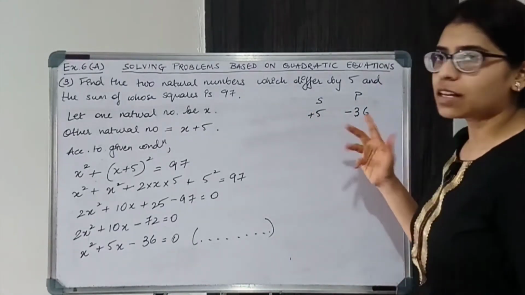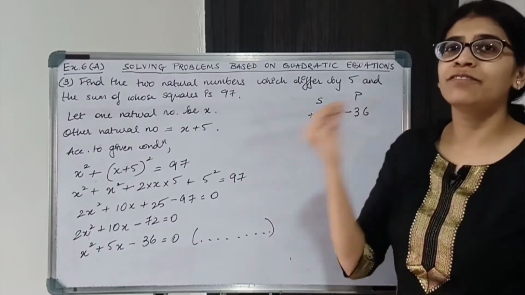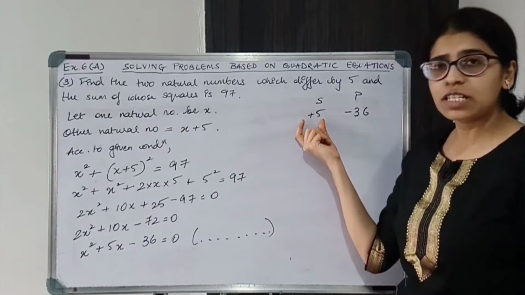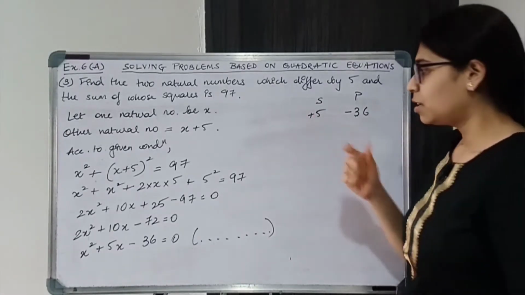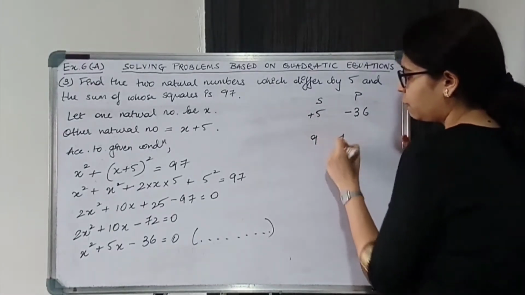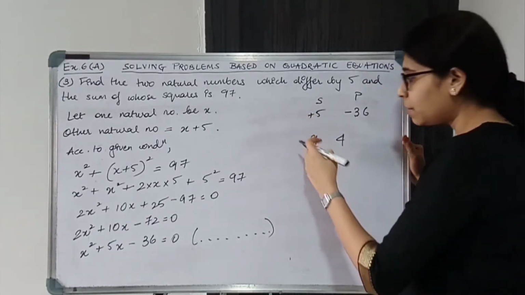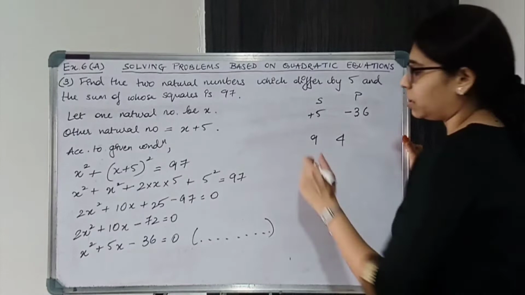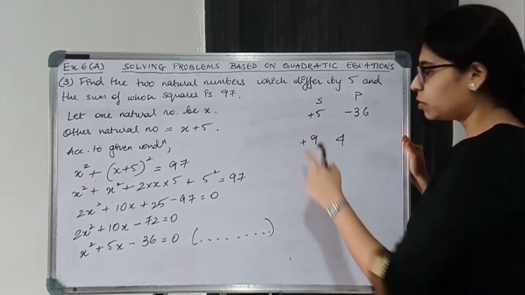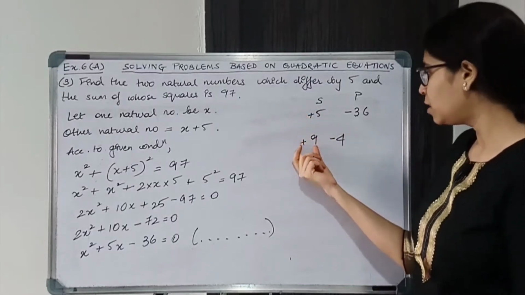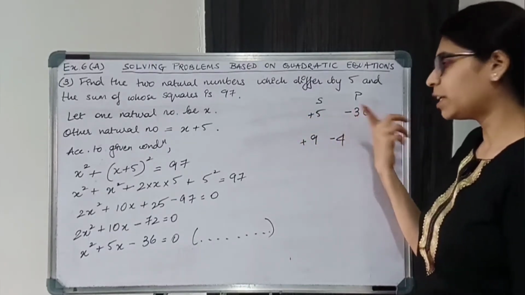So find out the factors of 36: 9 and 5, 9 and 4 sorry, not 5. The difference of 9 and 4 will give 5. All right, so 9 and 4. The sum's sign is the same as the sign of the greater number. So this is positive, this is negative. So 9 minus 4 gives you 5 and plus 9 into minus 4 gives you minus 36.